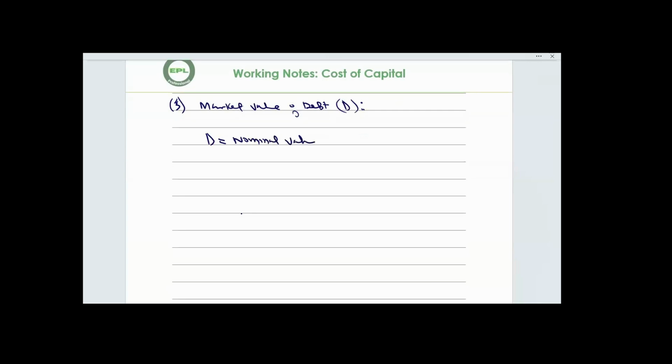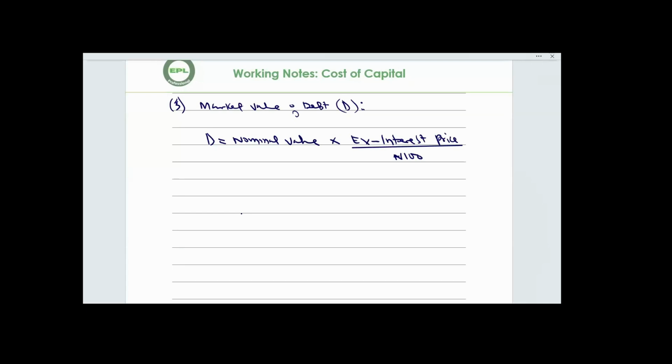Like I said, nominal value is the same thing as book value, the figure you have in the balance sheet. Multiply by X interest price, divided by 100 naira per unit of the debt, except the examiner says otherwise. If you are told in the question that the debt is quoted at 1,000 naira, then it is 1,000 you are going to use. But in most cases, it's assumed that debt is quoted at 100 naira per unit.